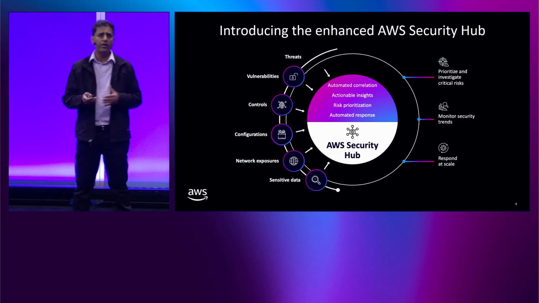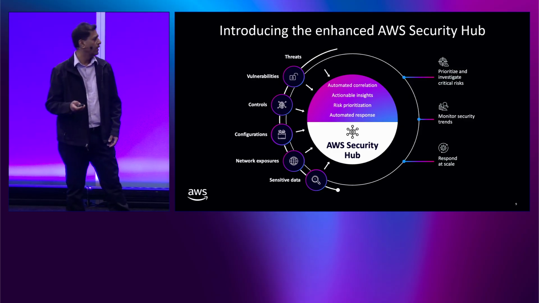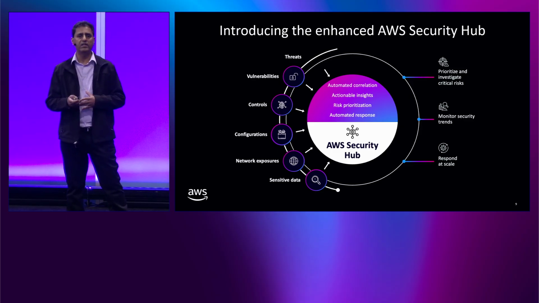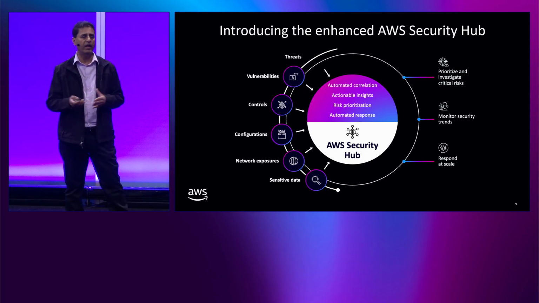It also monitors security trends, continuously monitoring your environment against AWS Inspector and Amazon GuardDuty. All these are available in a single dashboard for you. And finally, you can respond at scale. If you have thousands and thousands of virtual machines and all these exposures are coming into Security Hub, it can respond at scale too.